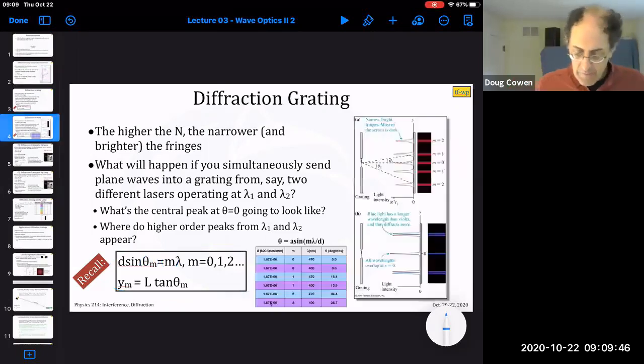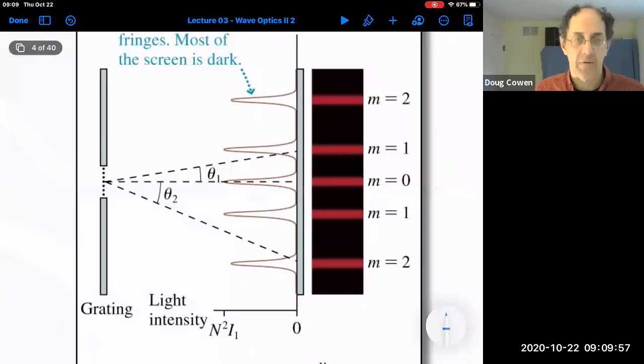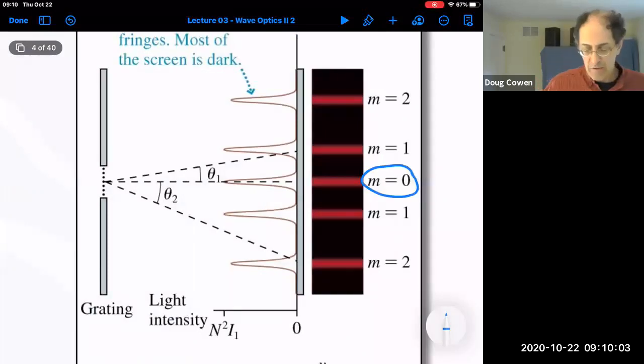So we can actually show a picture of what that will look like here. At the top, you see basically a single wavelength of light coming in and the pattern that it produces. The m equals 0 pattern is the central maximum, right here at an angle theta equals 0.